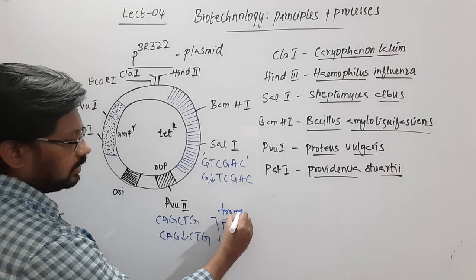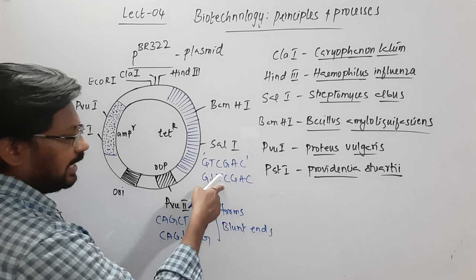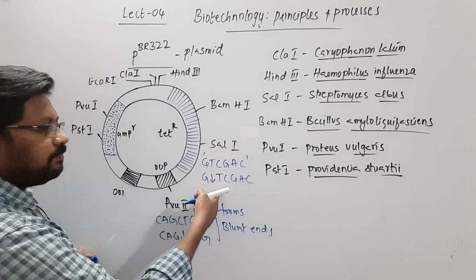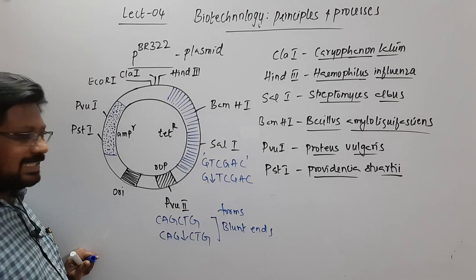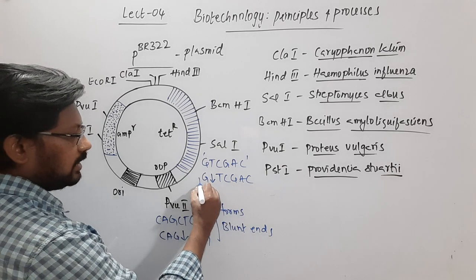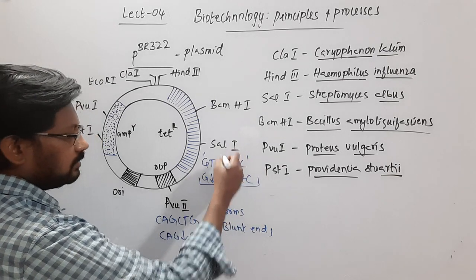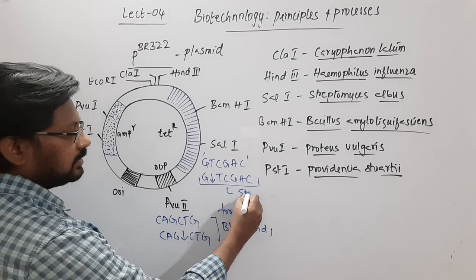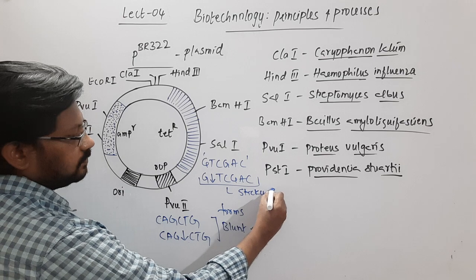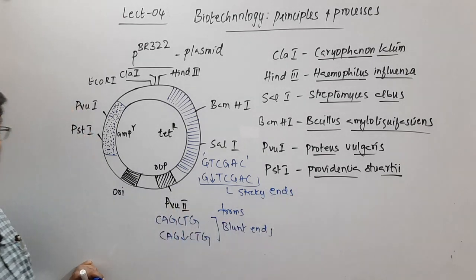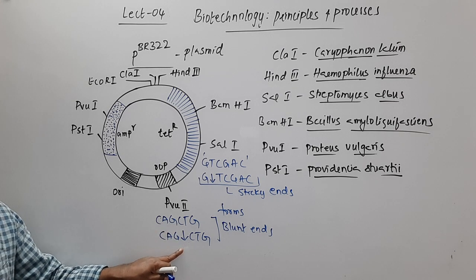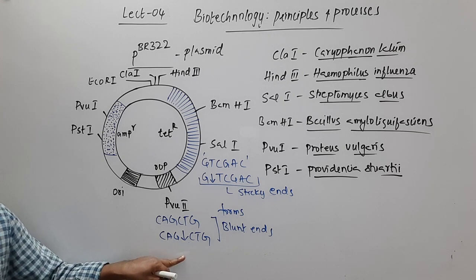SalI is not going to form blunt ends. It's going to form cohesive ends or sticky ends. So SalI forms sticky ends. In the case of PvuII, you can see on both strands it is going to cut at the same point, so for that reason we will be getting blunt ends.